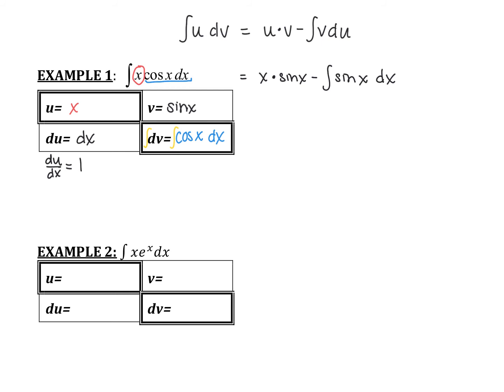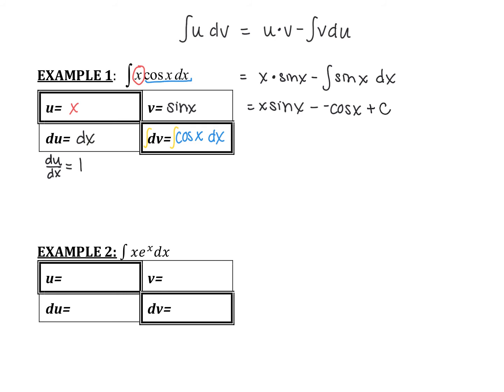Now I'm going to integrate this second part here, this sine of x, but notice the integral became a lot easier. I can take this antiderivative. So I get x sine x minus, well, the integral of sine of x is negative cos x. And the one thing that I cannot forget is that this needs a plus c, because it's not a definite integral.